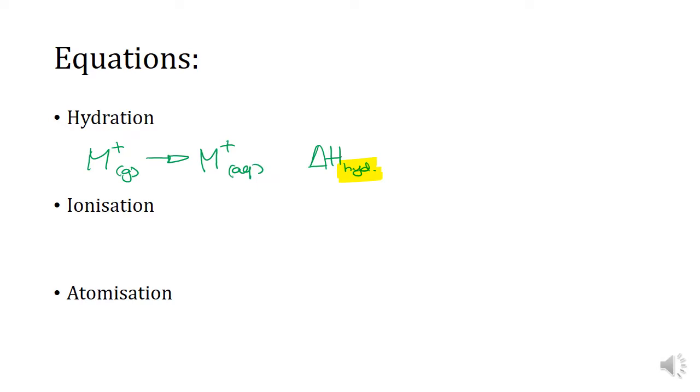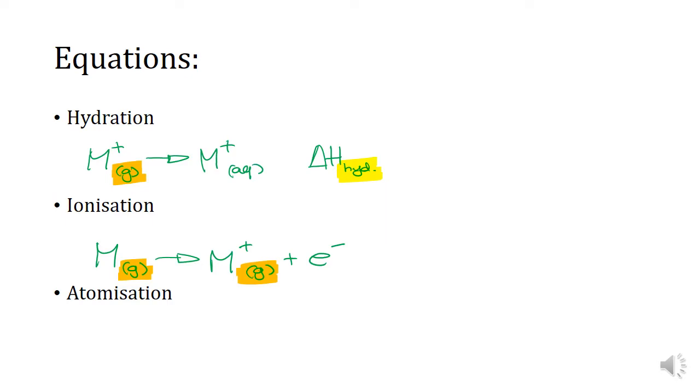Ionization is, what is the energy difference when I remove an electron from a gaseous atom while it is in its gaseous state? Like I said, you've got to pay attention to the little annotation at the bottom of the delta H. With all of these, pay attention to what your states are, because state changes involve a change in energy, as we're about to see in atomization.